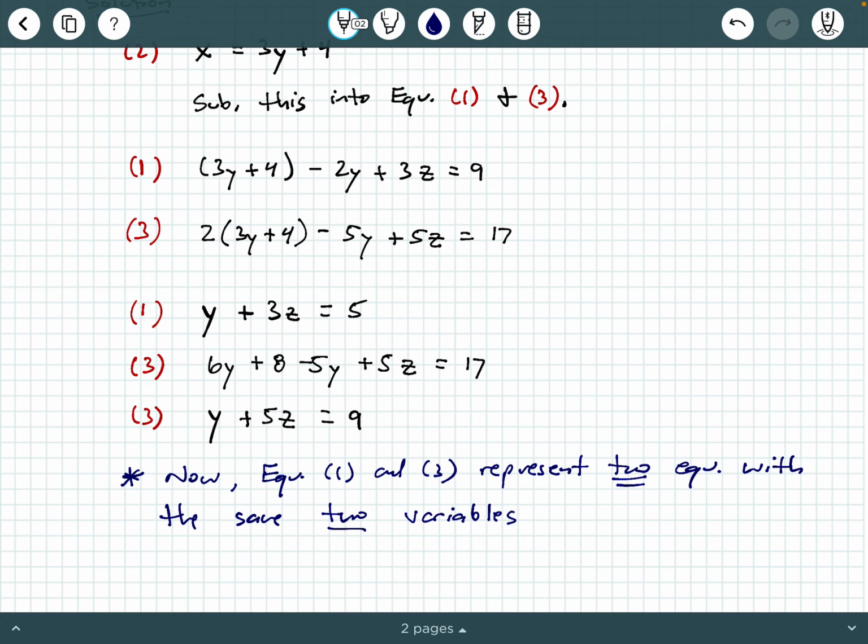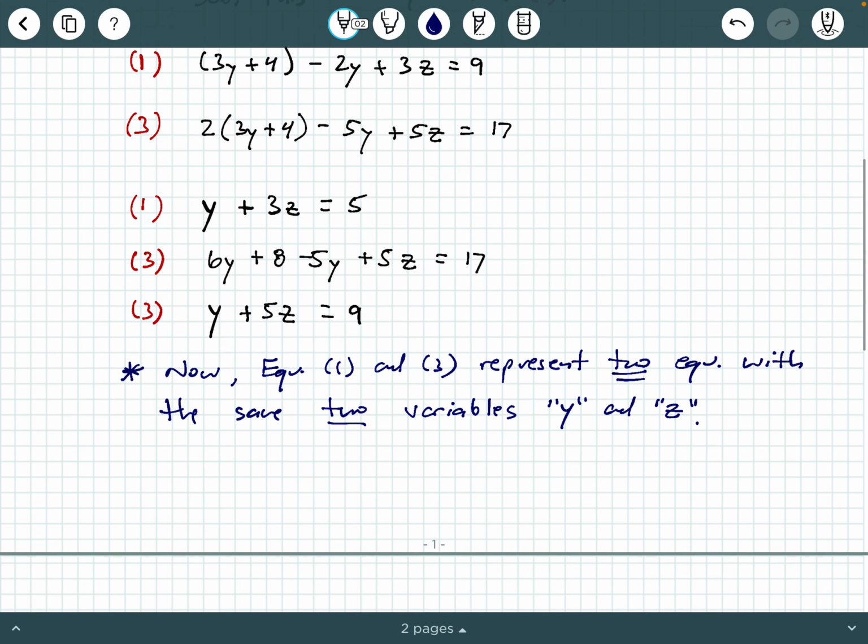And what are those 2 variables? Y and z. Okay, so now what I can do is solve the simultaneous equations 1 and 3 as if they were just 2 equations with 2 variables.